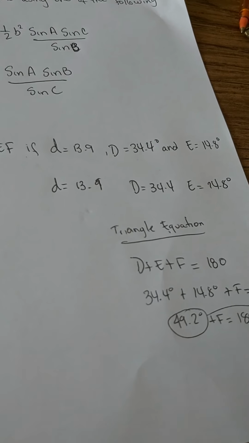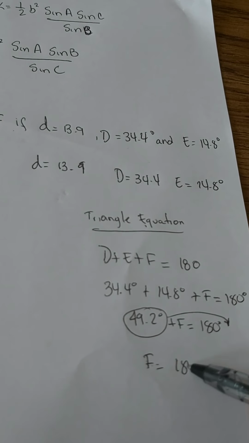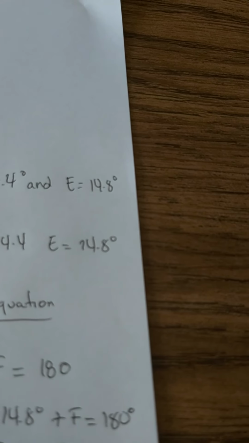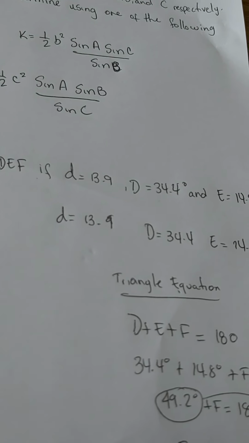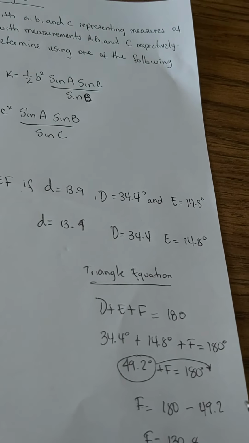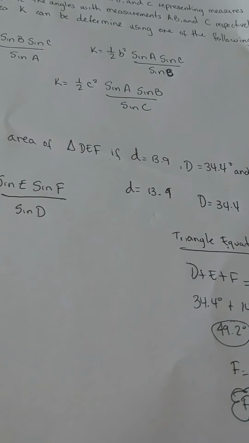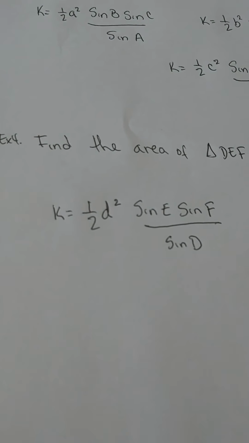Subtract. So we get that F equals 180 minus 49.2, so we get 130.8 degrees. So now we have our missing angle. So now we can use the formula.